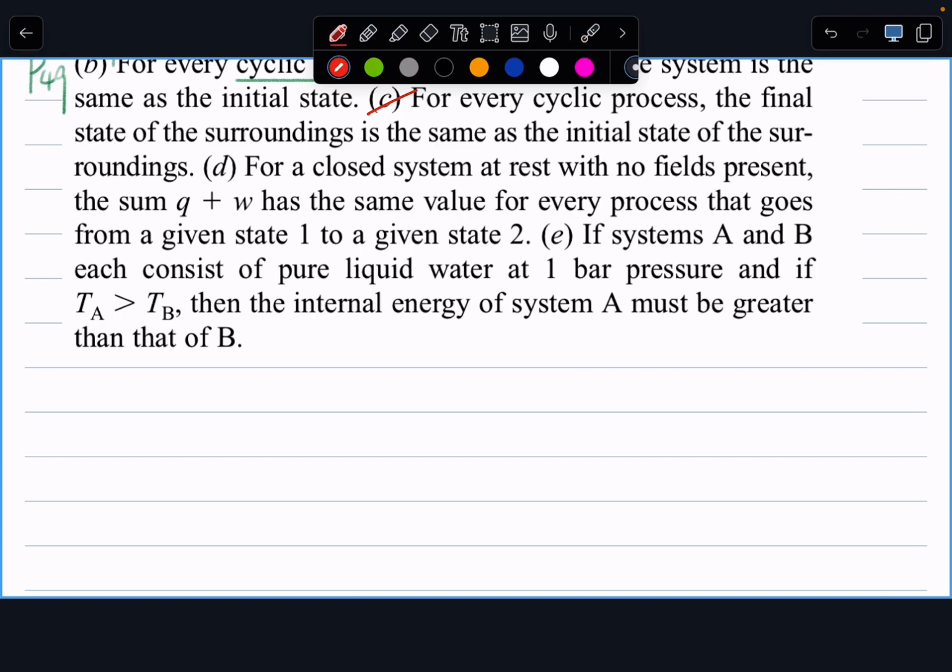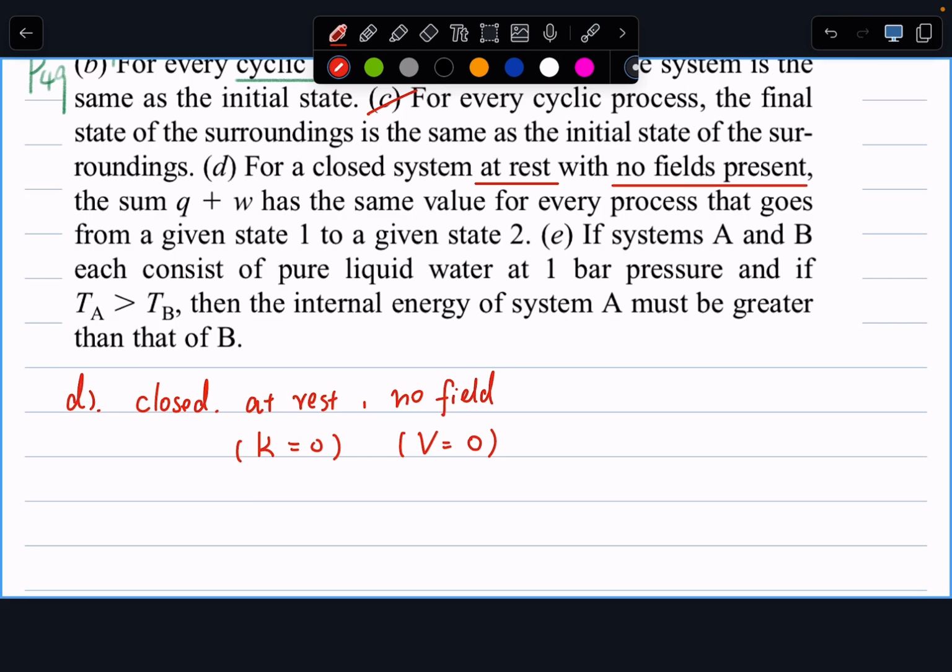For a closed system, the assumptions we're making: a closed system at rest, so kinetic energy equals 0, and no field, so potential energy equals 0. I hate it when they use the same symbol. So potential energy and kinetic energy both equal 0 under the current assumptions.